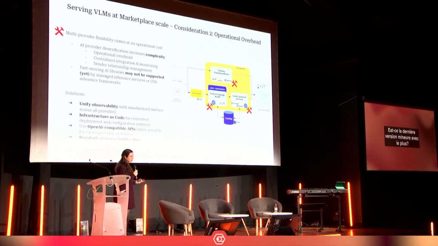So here we can ask ourselves 2 questions. Do we have the team necessary to put that in place? And also, can we wait, let's say, 3 or 4 months until this new up-and-coming feature is available by a managed inference service? This also could be a valid question.